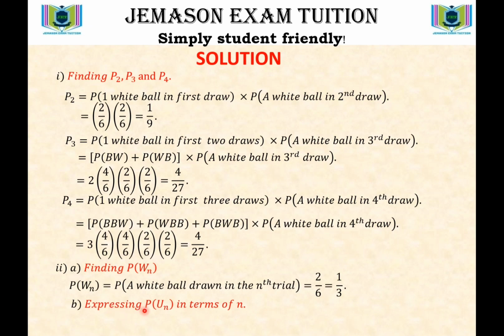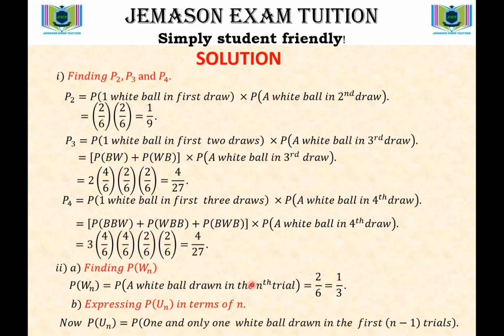In the B part, we are asked to express P of Un in terms of n, and actually the event Un is that of having one and only one white ball drawn in the first n-1 trials.